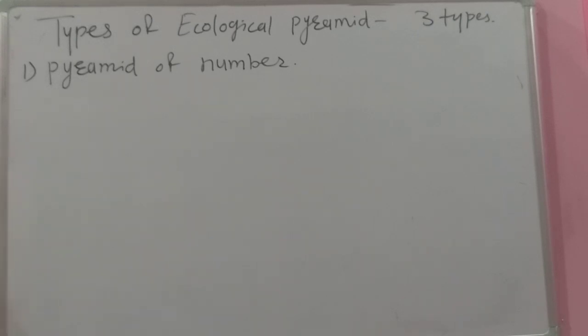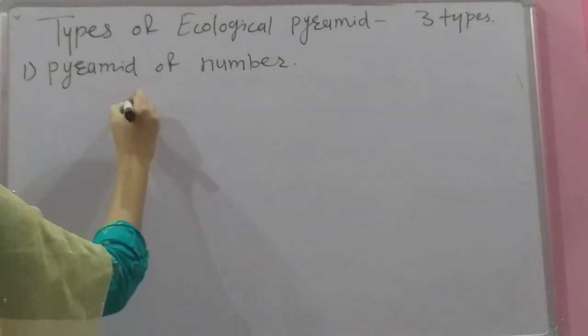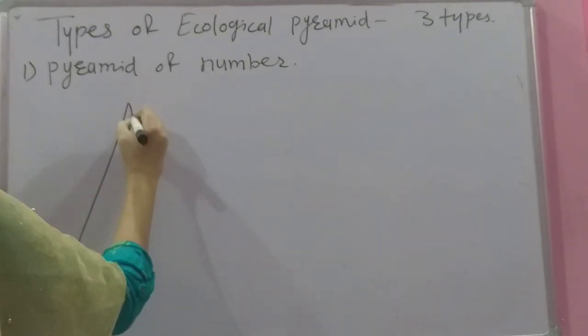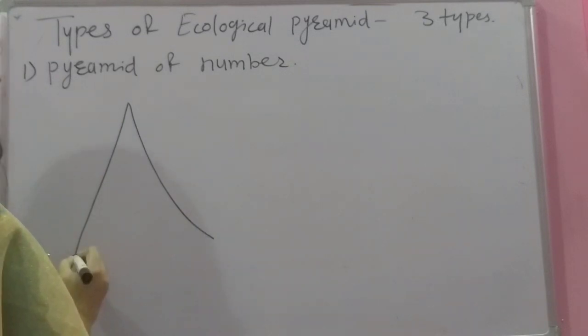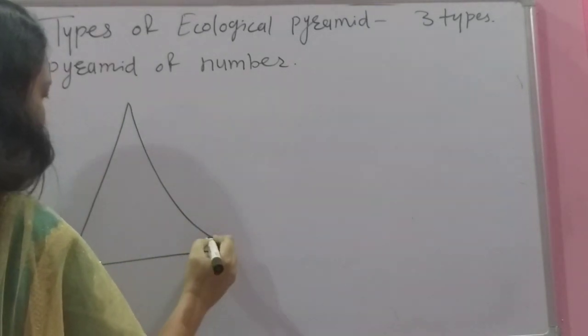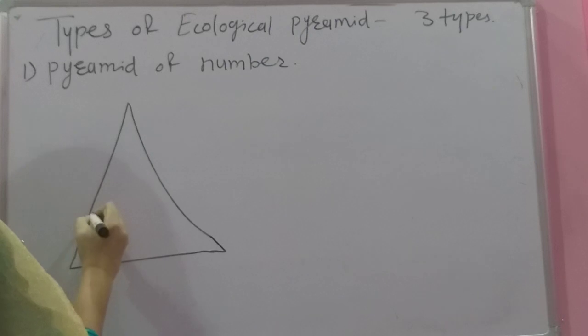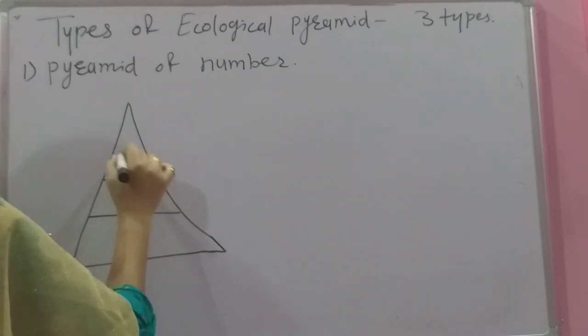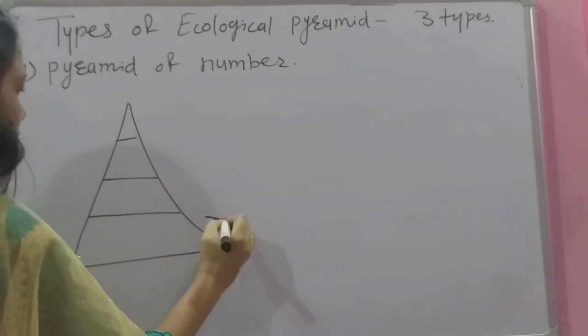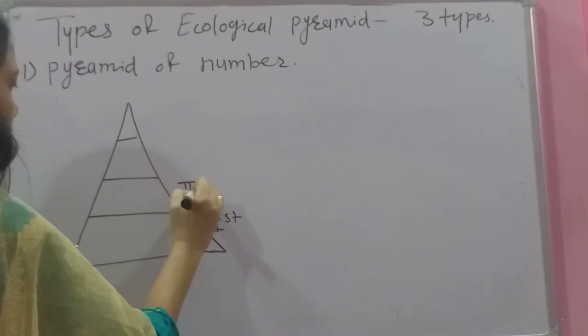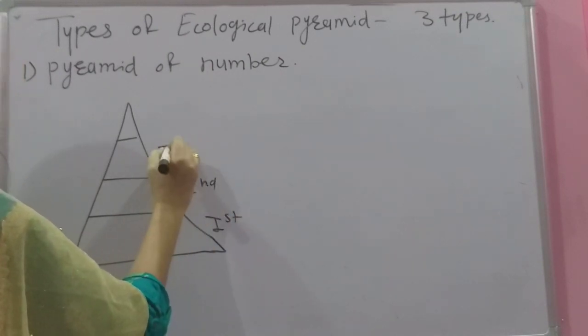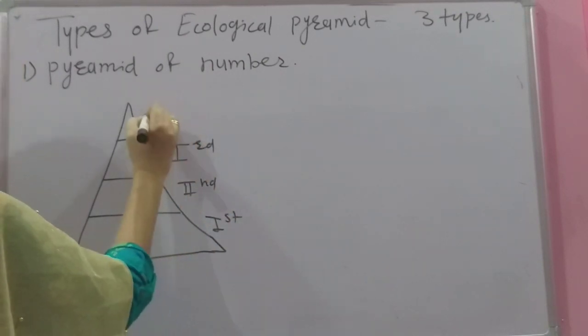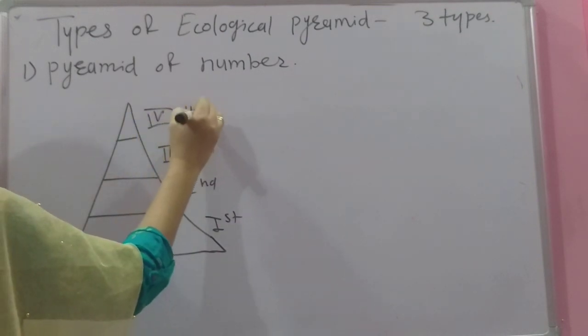For example, this is the pyramid. This is the trophic level: first, second, third and fourth.